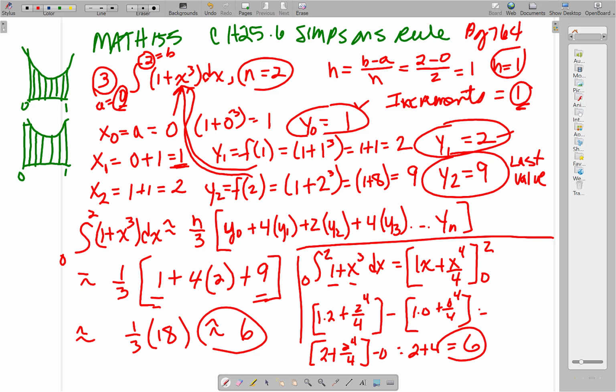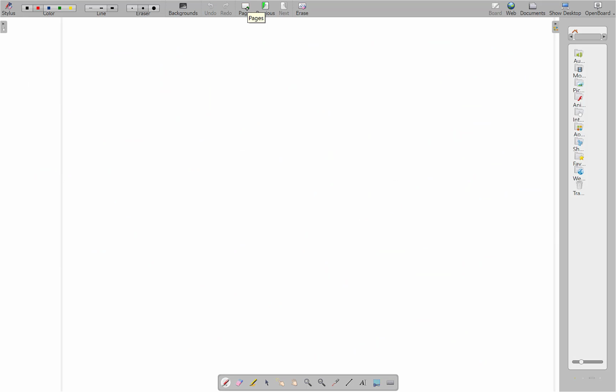Okay, let's try another problem and see how we do. Problem number 4 is a nasty one, but we'll do it. We have the integral from 0 to 8 of x to the 1/3 dx, and you're told n equals 4. Okay, let's get our line a little smaller.